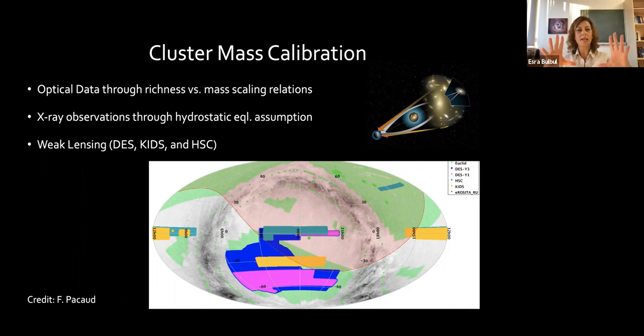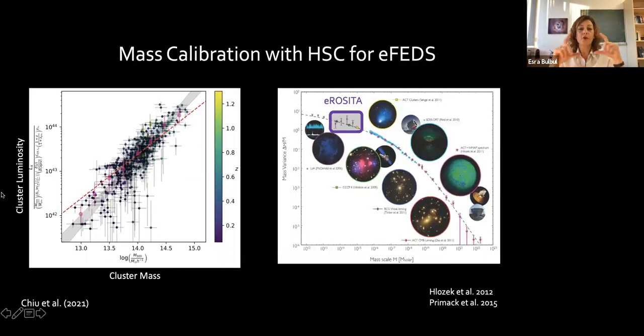And we build the scaling relations, build the mass function, and determine cosmological parameters that way. The first proof of concept study was done for the eFEDS field. That is also published earlier. So this is the luminosity that we get from eFEDS observations as a function of the mass that comes from weak lensing observations from Hyper Suprime-Cam.